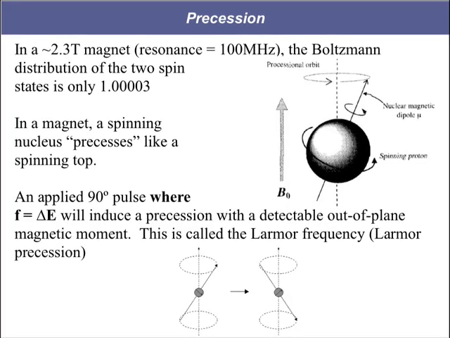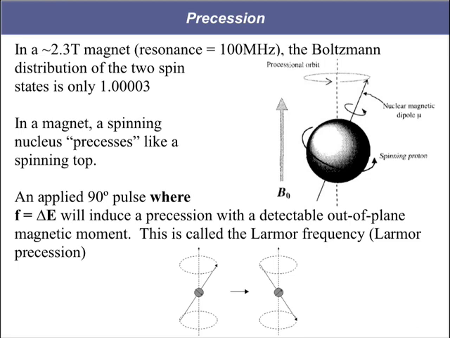So hopefully that helped clarify what we're looking at. He showed two very important things. First of all, he showed that a spinning nucleus will align itself with an external magnetic field, the same way that the spinning wheel aligned itself with the Earth's gravitational field. The second thing he showed was that if you applied a pulse, a torque, that is to say, at 90 degrees from the axis of the spin and at the same frequency as the precession, you can cause the nuclei to wobble.